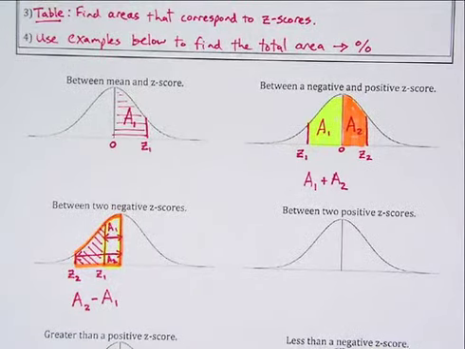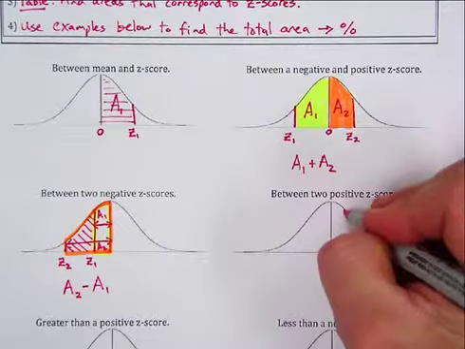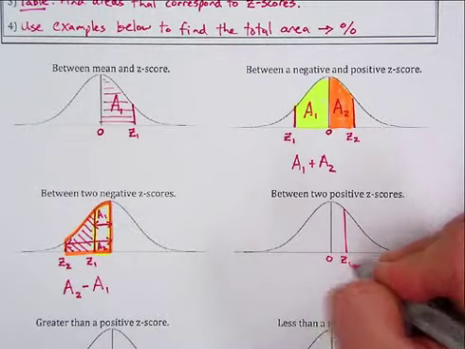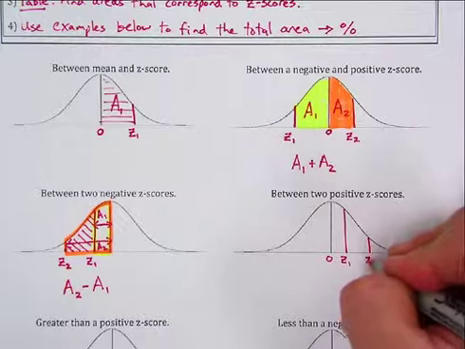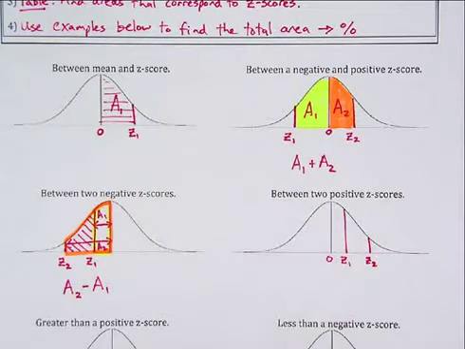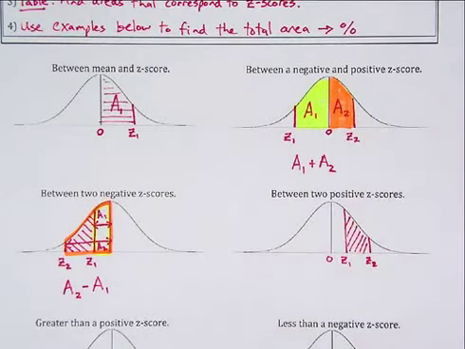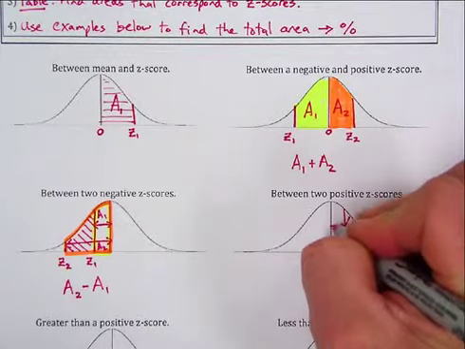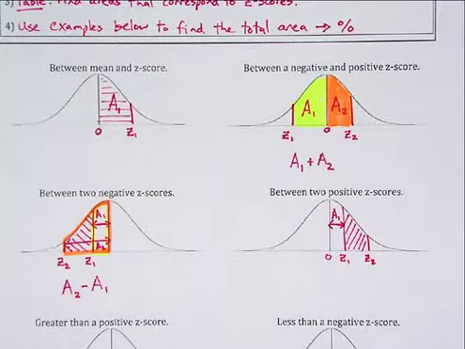Now between two positive z-scores kind of gives us the same situation. So here's our mean, and both our z-scores are on the same side of the mean. In this case, they're both positive. And here's the area we're looking for. Now z sub 1 is going to give you the area from the mean to the z-score.